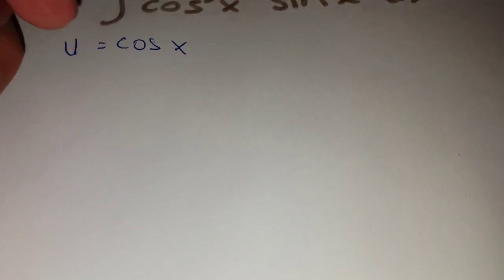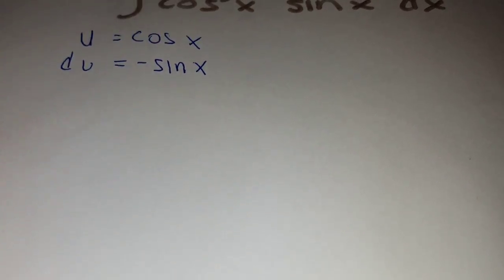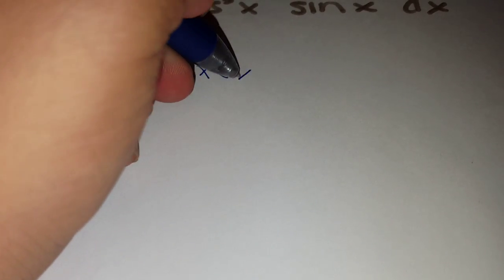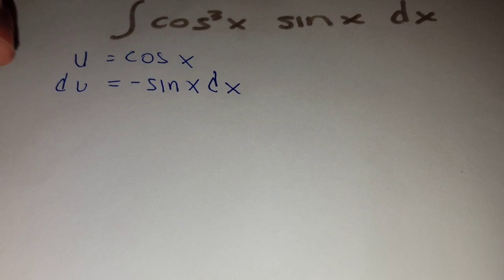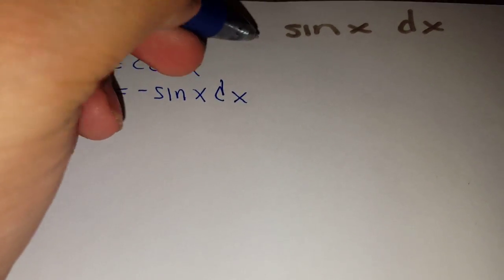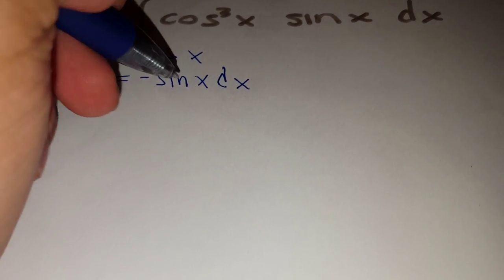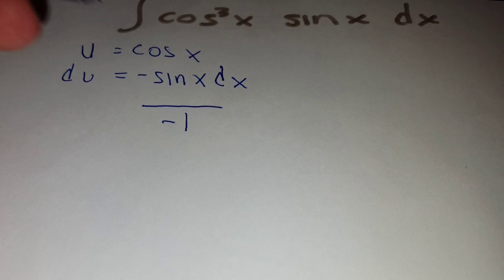So we're going to make u cosine of x, correct? And then the derivative of both sides, du, equals negative sine of x, and then dx. And I know many of you are wondering, oh no, but there's a negative, and there's no negative within this one. No worries, all we're going to do is divide by negative 1.